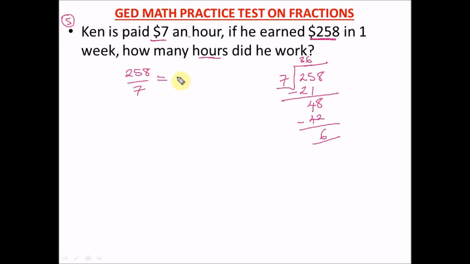So we have here 36 whole number and 6 over 7. So the quotient is 36, our remainder is 6, and our divisor was 7. So this is the answer. So he worked how many hours? That's 36 hours and some fraction. All right, so this is the answer for this.